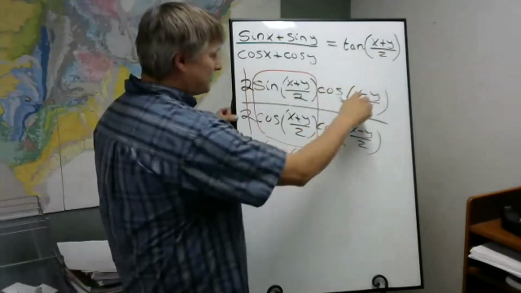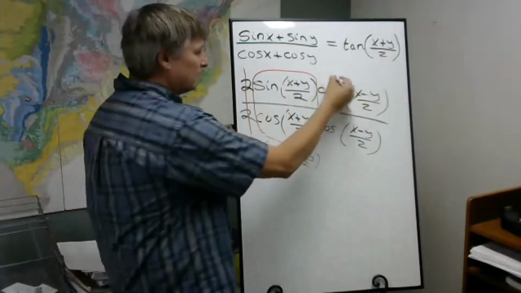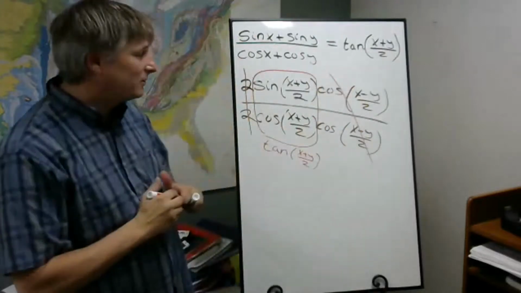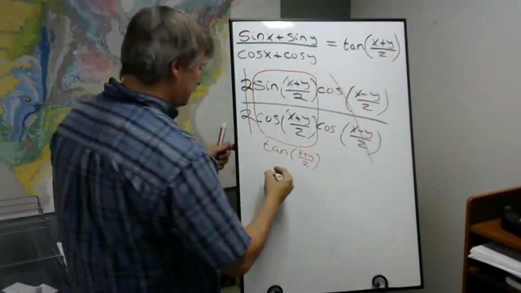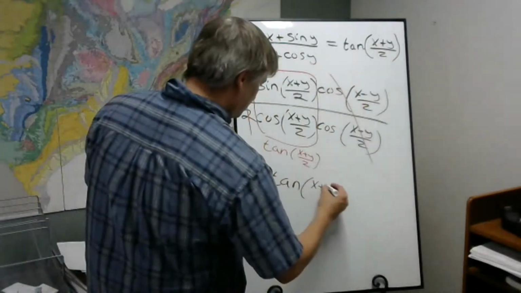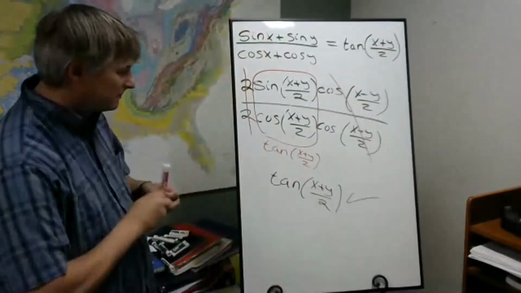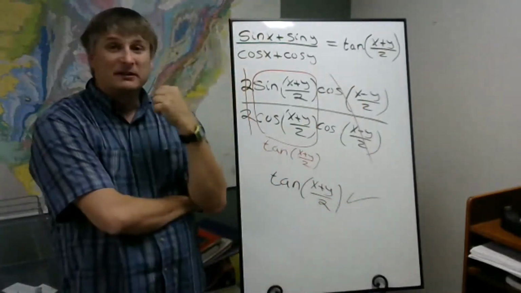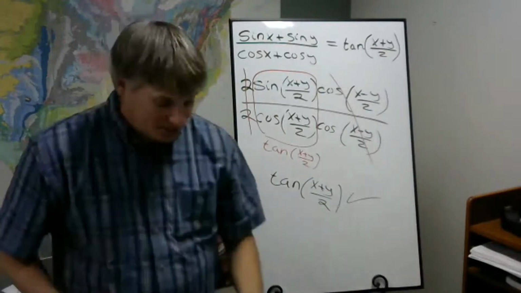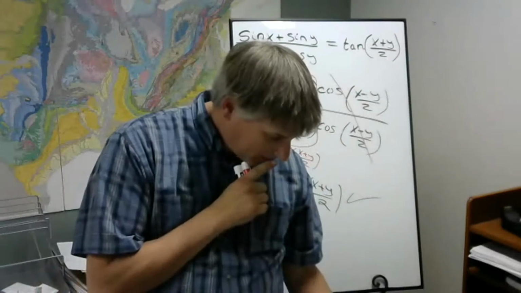And the cosines, they're the exact same angle as well, with the same trig function. They're going to go away as well. And sure enough, we're left with the tangent of x plus y over 2. All right. So that's a sum to product one.